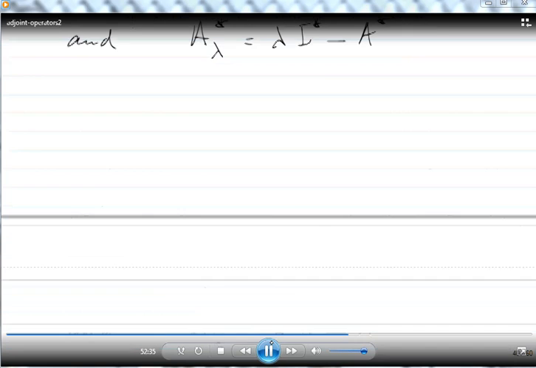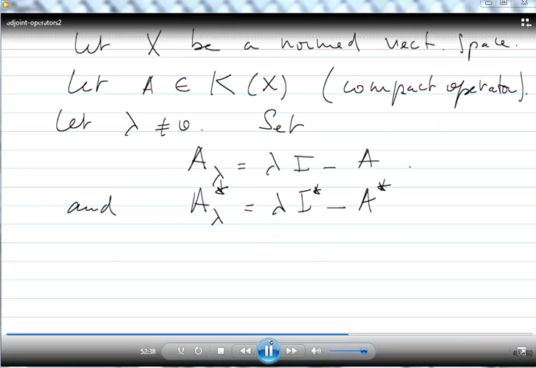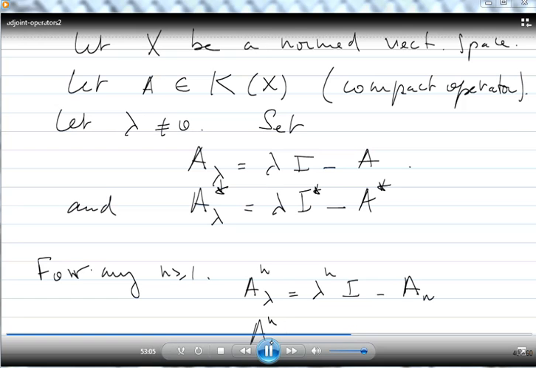And we have seen some beautiful properties, for example, for any n greater than 1, we have A lambda to the n equals lambda to the n times I minus A to the n, and this will imply that the conjugate is going to be lambda to the n I star minus A star to the n.